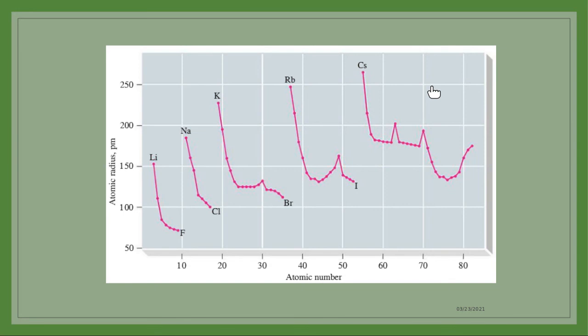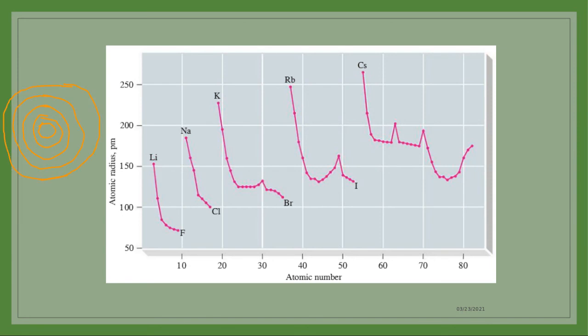Asking again. I said to you, they have more shells. Look at here, for example, lithium has only one shell, and then sodium has a second shell, then potassium a third, and then the fourth, and then the fifth, like that.